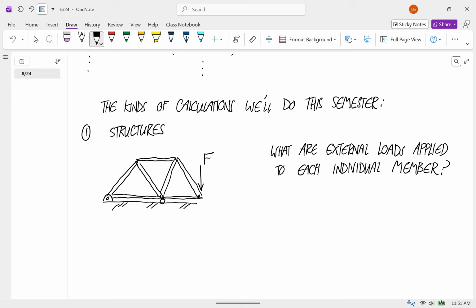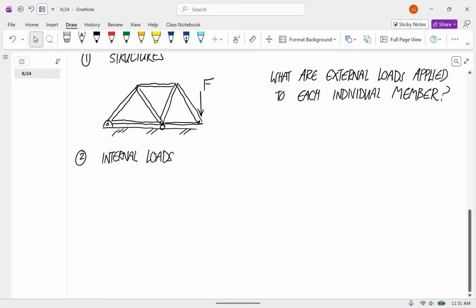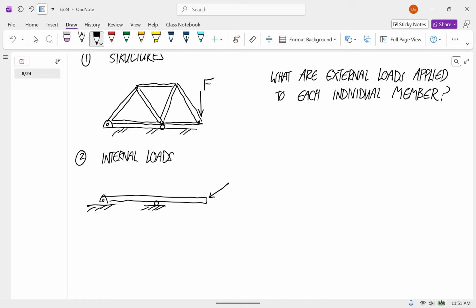The second big thing that we're going to spend a lot of time on is internal loads. So if you have a beam, and let's say you have a pin joint at the left and a roller in the middle, and you're applying some force like that.